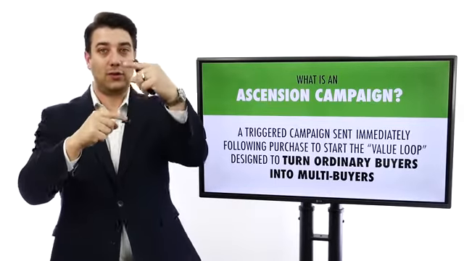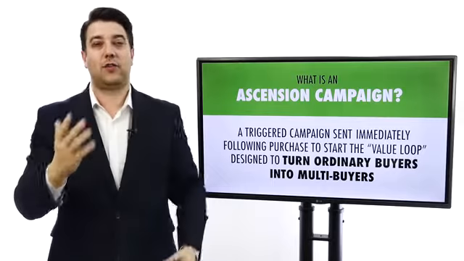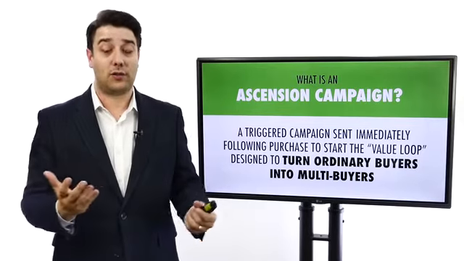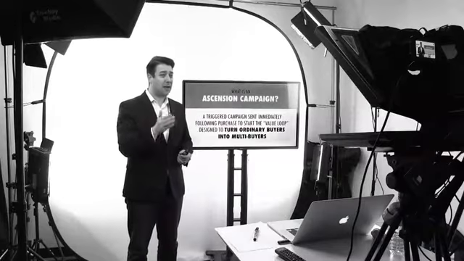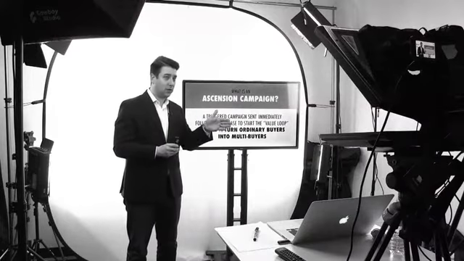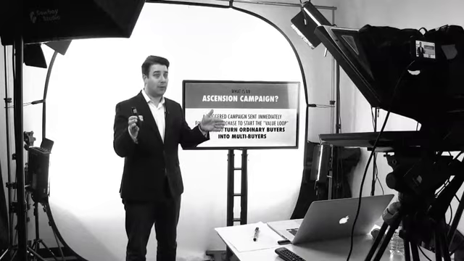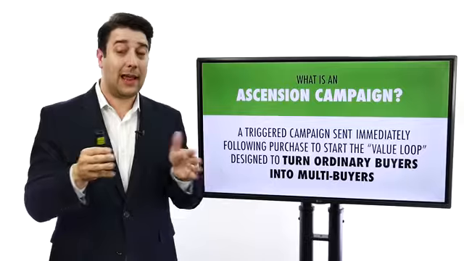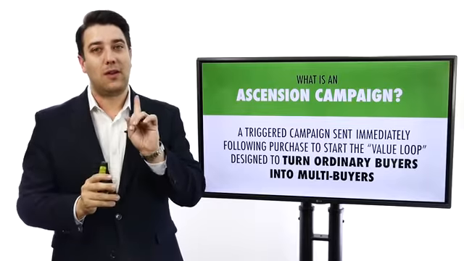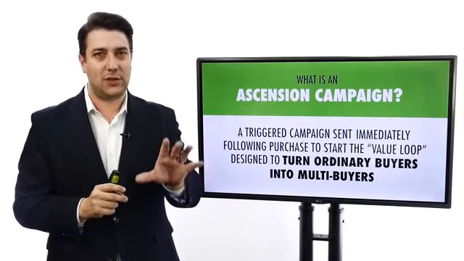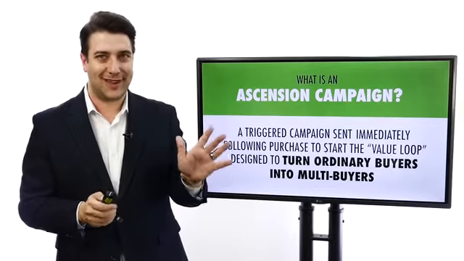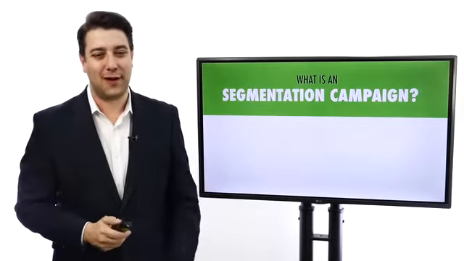So you can continue to ascend someone higher and higher based on your product or service catalog and what someone's interested in. So someone can very quickly go from complete stranger to multi-buyer, leveraging these three campaign types. And keep this in mind, we've yet to send a manual broadcast email. Everything that's happened has been triggered by a subscriber action. So let's go ahead and move on.